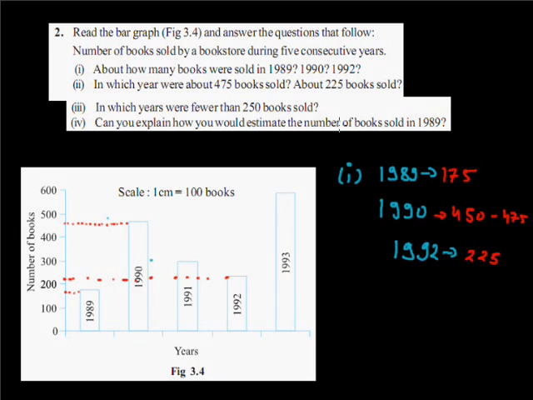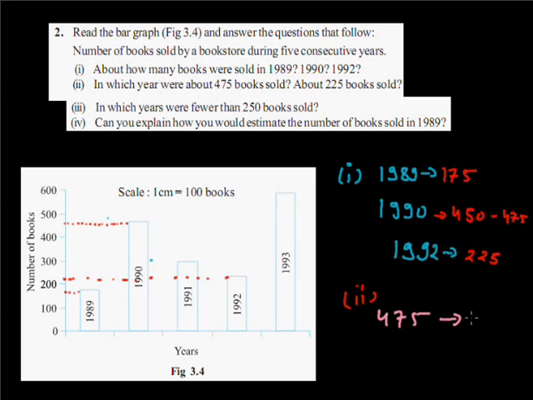Now the next question is, in which year were about 475 books sold, and in which year about 225 books sold? So if we come to second part, in which year 475 books were sold. So if you see approximately which year 475 books could be sold, it is 1990, in which 475 books were sold.